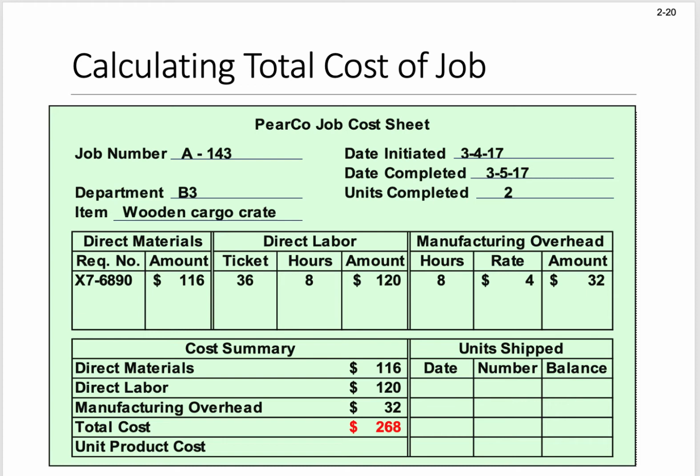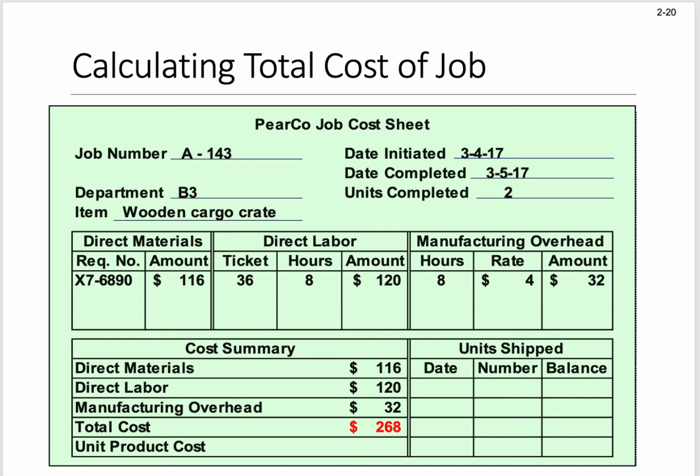Total direct material, total direct labor, total manufacturing overhead gives us our total cost. So if we take the $116 plus the $120 plus the $32, guess what? We get a total cost of $268. So it cost us $268 to make 2 units or 2 wooden cargo crates.